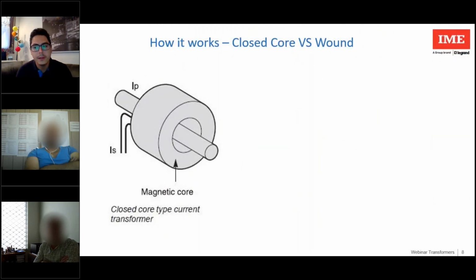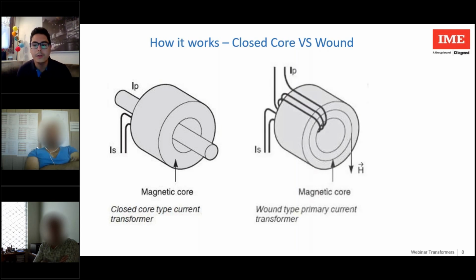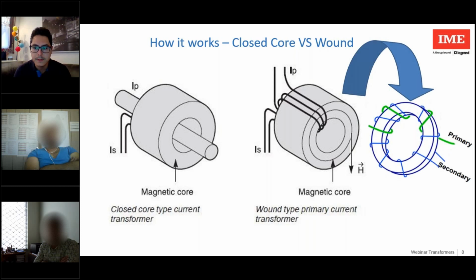We find on the left the closed core current transformer model. On the right, however, the primary winding transformer, where in practice the primary cable winds around the magnetic core on which the secondary coil is also present. The rules seen above remain the same. The same goes for the winding ratio, to understand what the CT ratio is.